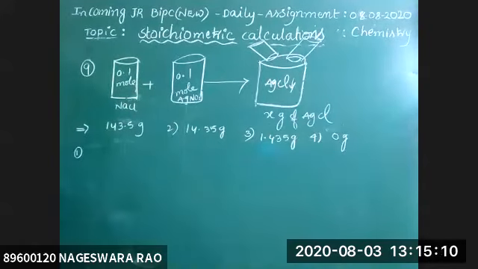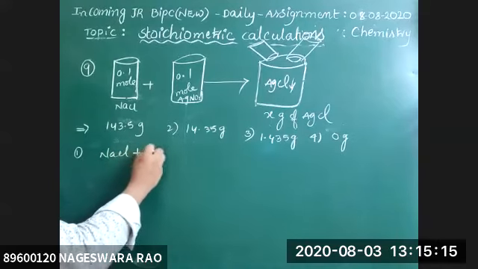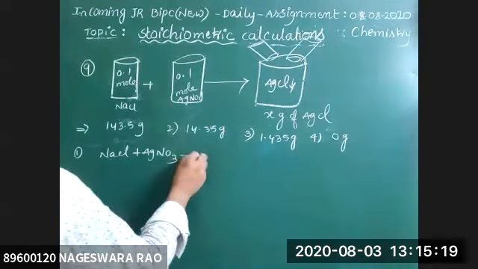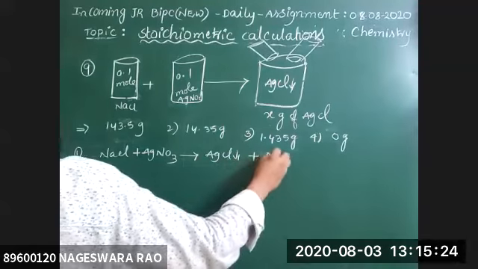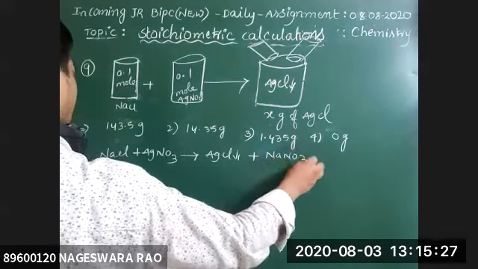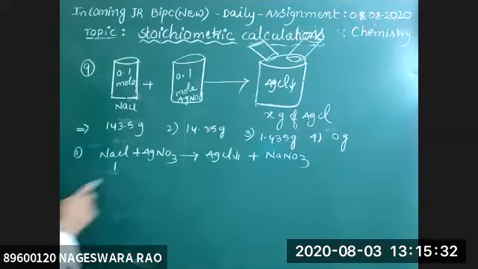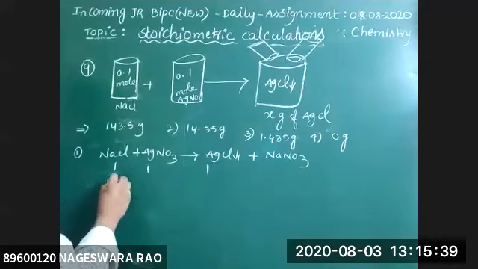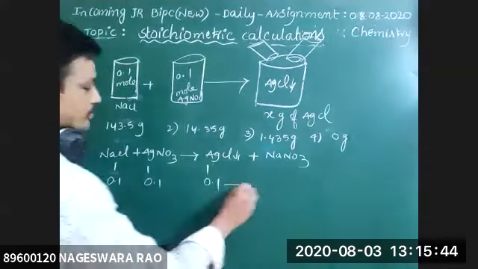NaCl plus AgNO3 form AgCl plus NaNO3. So 1 mole of NaCl reacts with 1 mole of AgNO3 to form 1 mole of AgCl. So here 0.1 mole, here 0.1 mole, here also 0.1 mole is formed.